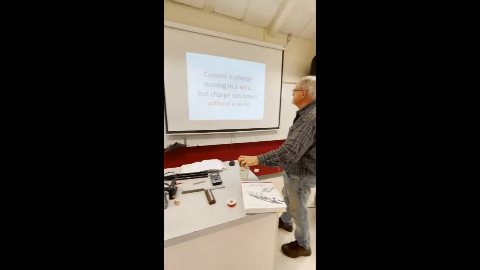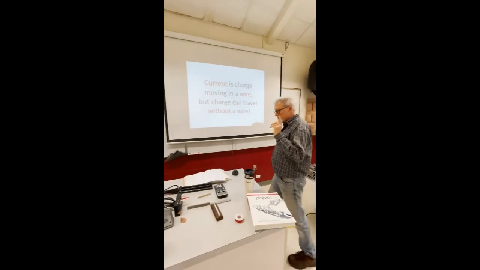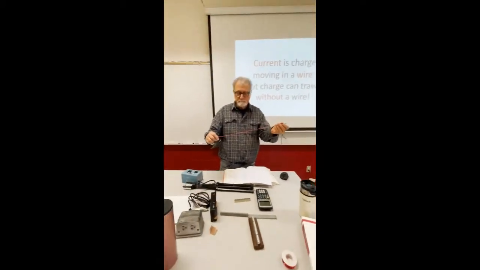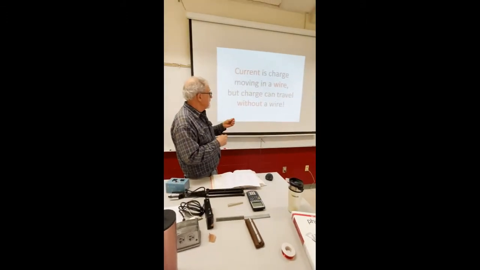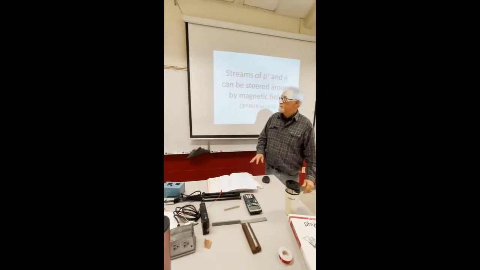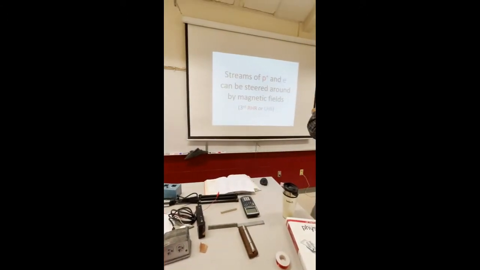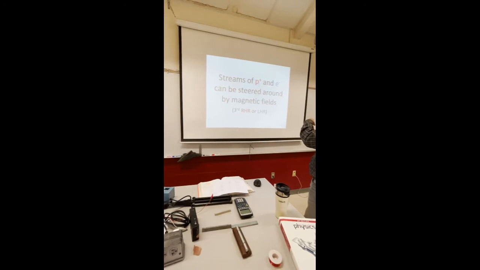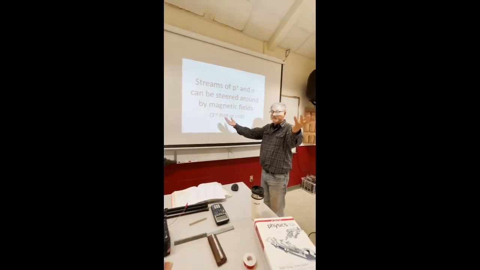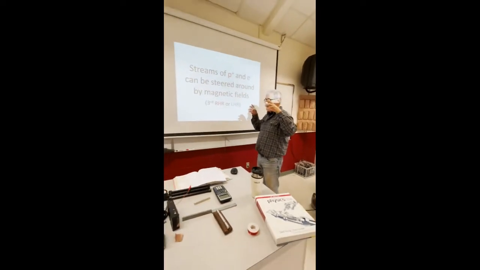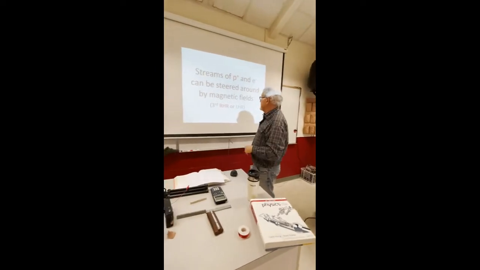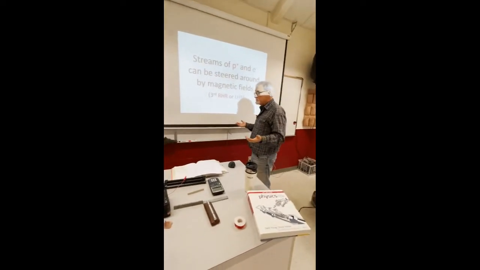Okay, so current is charge moving in a wire. However, charge can travel without a wire. A stream of protons and electrons can be steered around by magnetic fields. For example, the solar wind is charged particles that stream out away from the sun through space, and it's ionizing radiation.